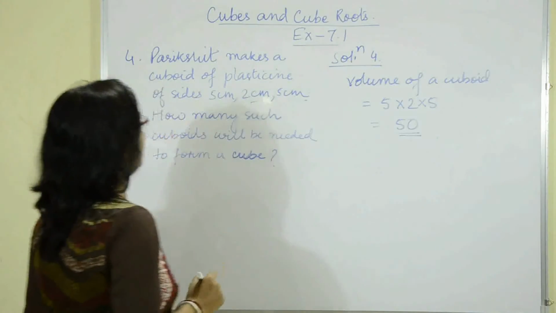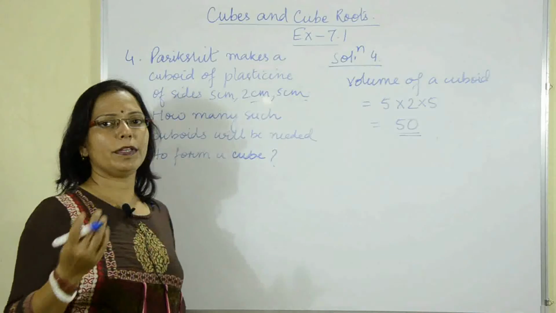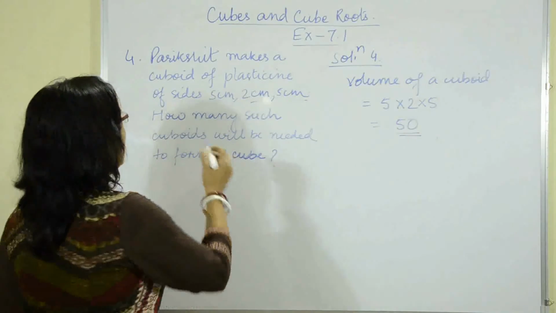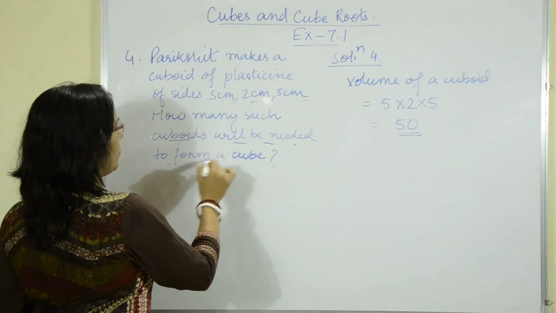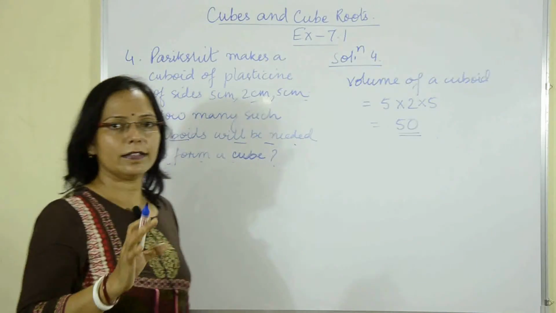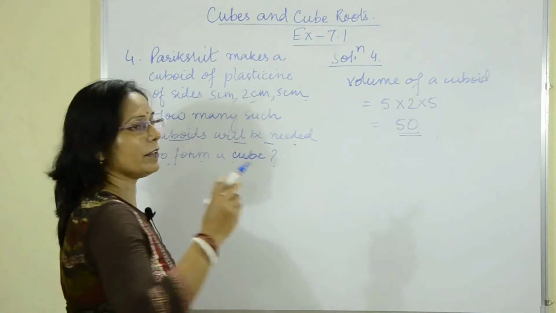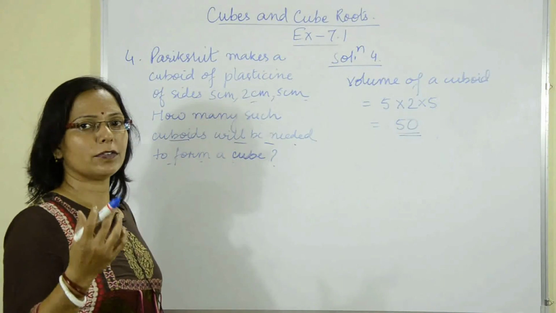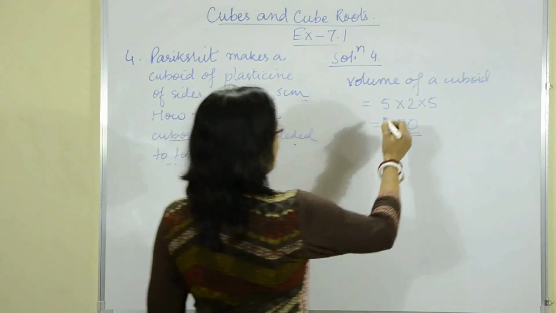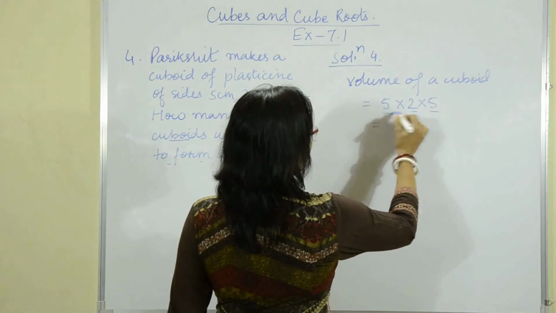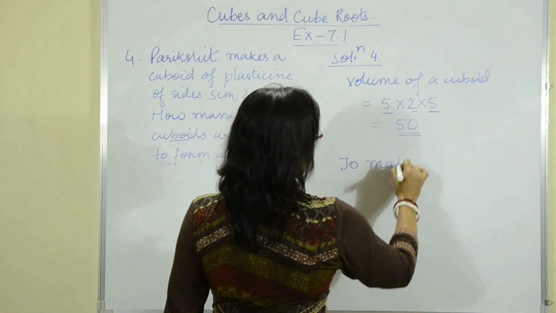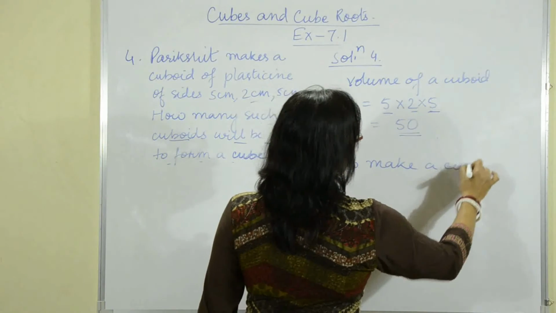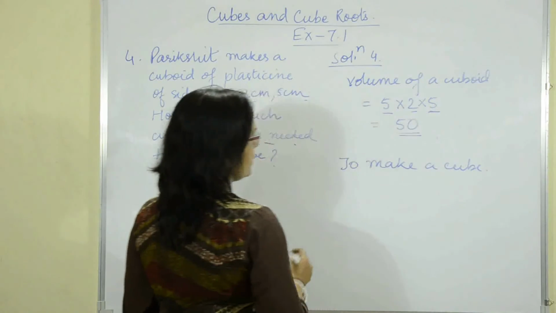Now, how many such cuboids will be needed to form a cube? I need a cube to be made with such cuboids. So, how many will it be? See, directly, there are 2 5s, and to make a cube, what do we need?